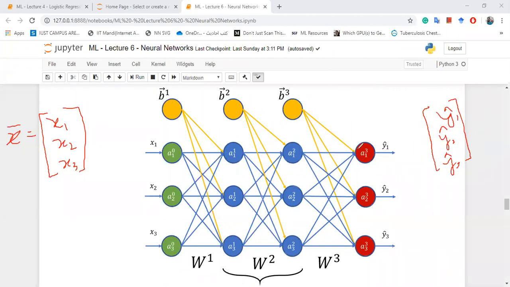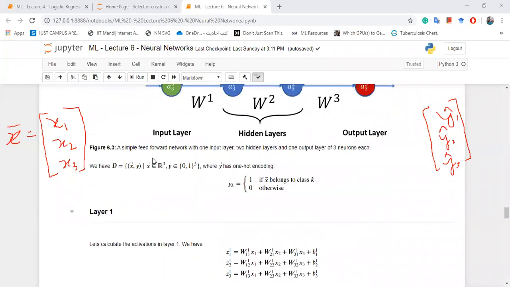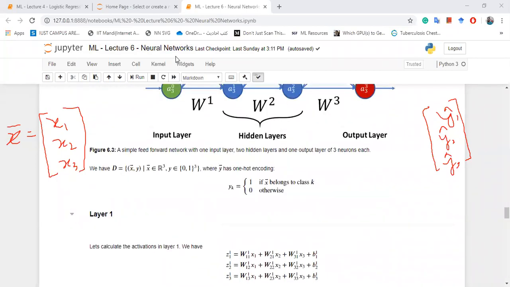Fine. So normally our problem statement would have been D. Look here, I have given it here. D is composed of tuples x and y, where we normally say y belongs to 0, 1, up to k if we have k classes. But as we saw in softmax regression, we wanted to output the probability of each class.